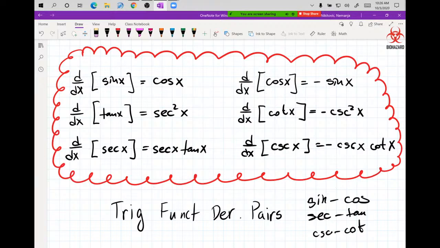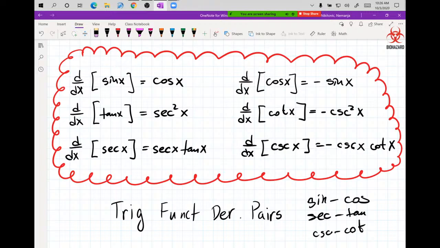So we are not going to find a sine cotangent pair or a sine cosecant pair. There is a formula that connects sine to cosecant, right? 1 over sine is cosecant. But in the derivative pairing, in the calculus pairing, it is always sine with cosine, always tangent with secant, and always cosecant with cotangent. And they do not cross anywhere.